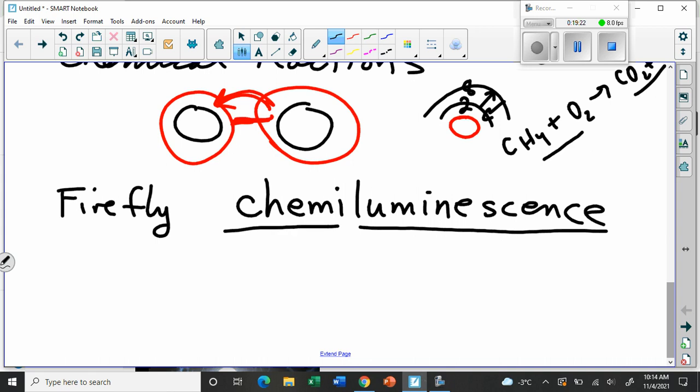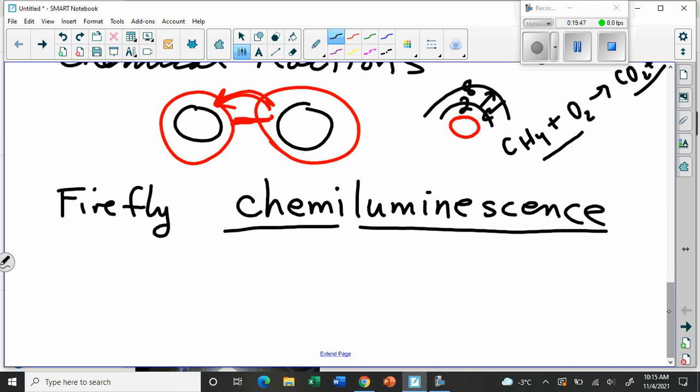When it happens to living things, we call it bioluminescence. We like to give everything a name, even though they're really all the same thing. We just like to give them all fancy names. So a firefly or a glowworm, many marine animals can produce glowing in their bodies by chemical reactions.